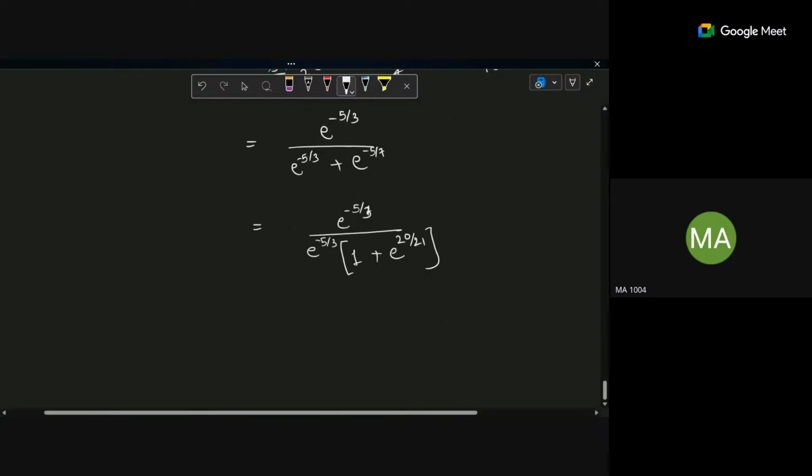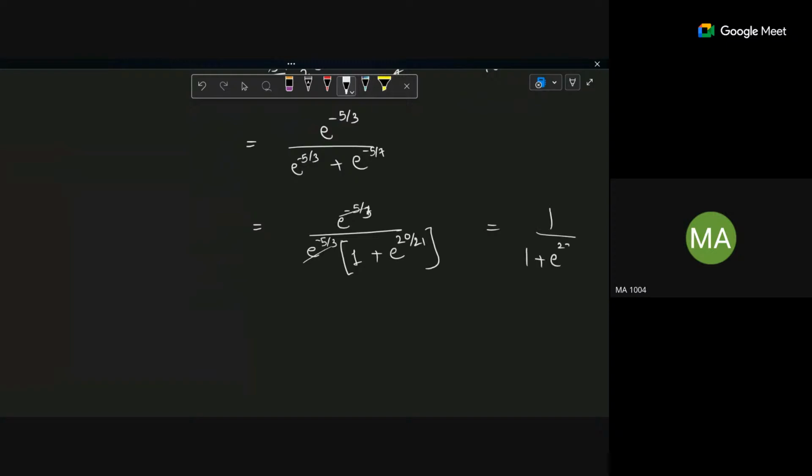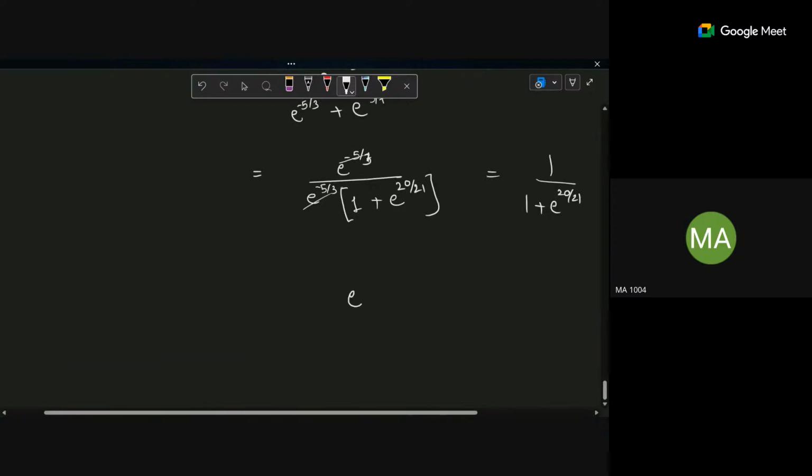So on a safer side, I am just explaining how to get this. This will get cancelled and you will be like 1 upon 1 plus e to the power 20 by 21. So, you have e to the power minus 5 by 7, this term you had, right? Now you are taking out common what? E to the power minus 5 by 3, right?